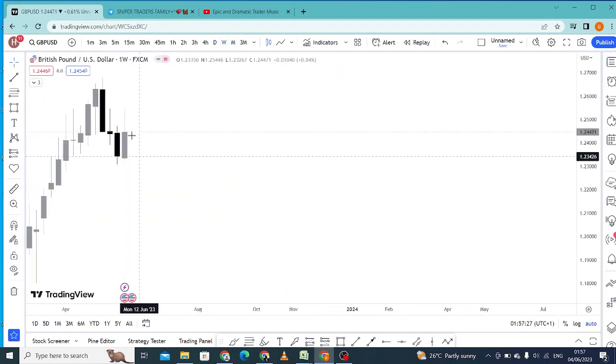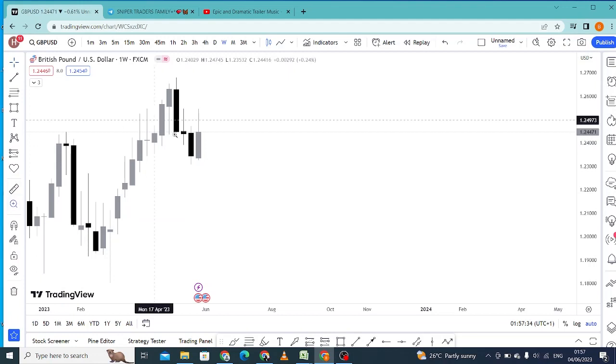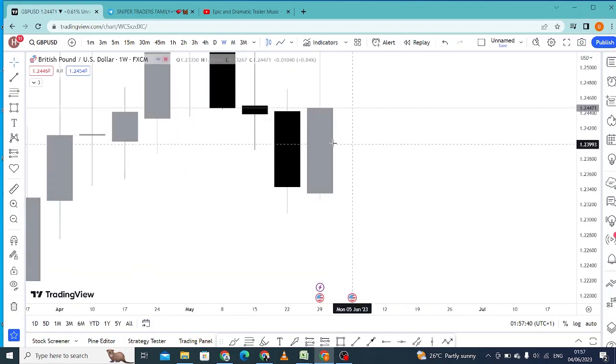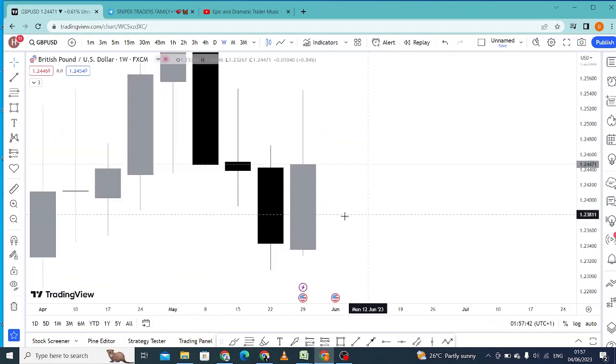Now this is a bullish candle. Let's see how we can do this practically and see how price moves during the week on the weekly. So let's choose this last week candle, starting from May 29.